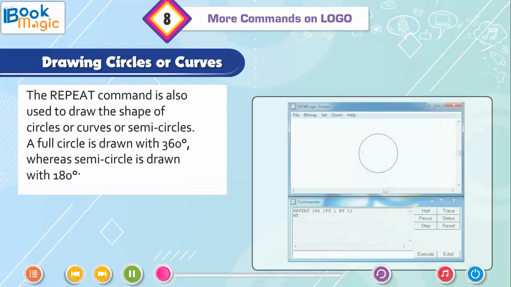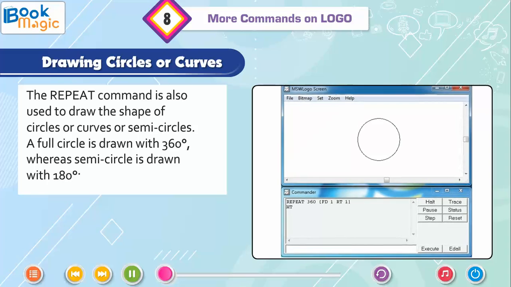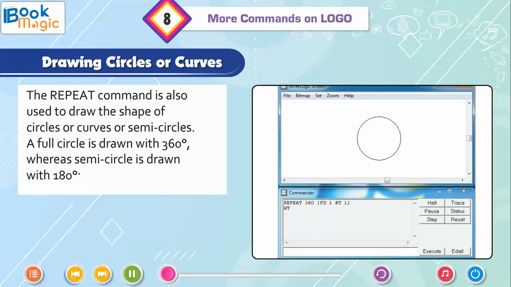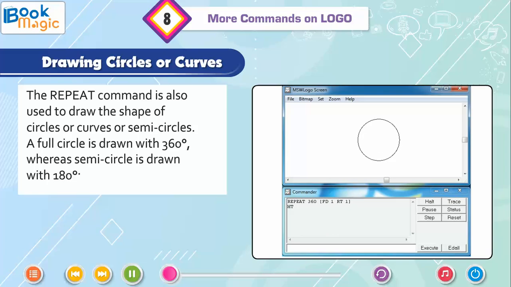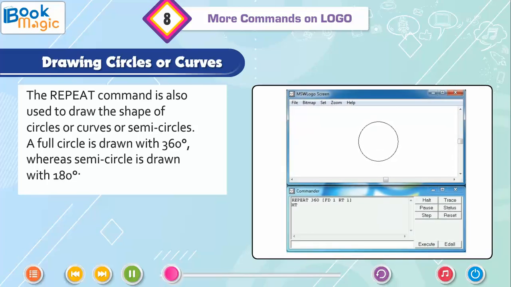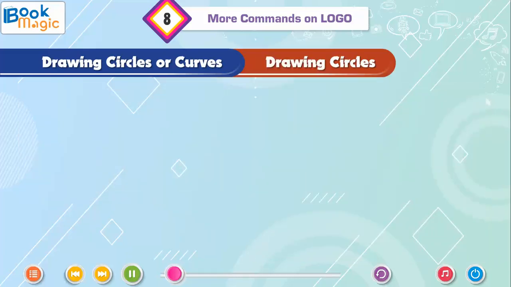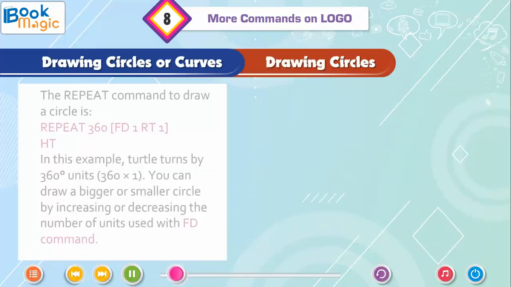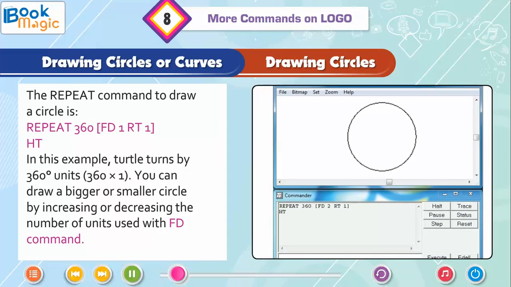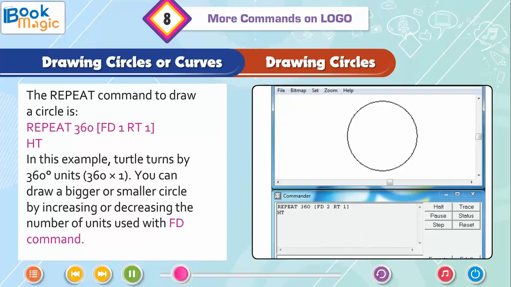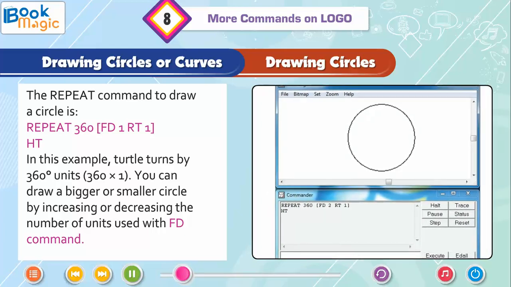Drawing circles or curves. The repeat command is also used to draw the shape of circles or curves or semicircles. A full circle is drawn with 360 degrees, whereas a semicircle is drawn with 180 degrees. Drawing circles. The repeat command to draw a circle is repeat 360 FD 1 RT 1 HT.